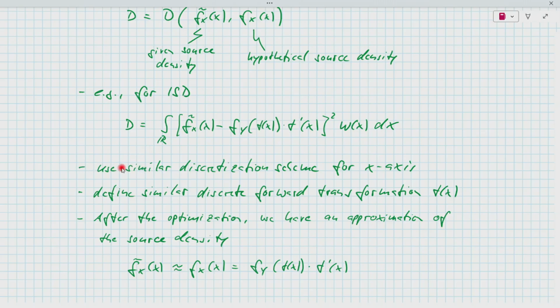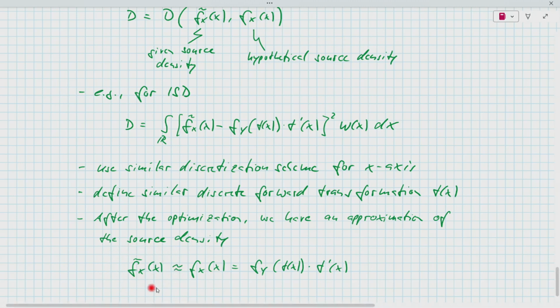Then we use a similar discretization scheme for the x-axis, define a similar discrete forward transformation, T(x), also by integrating over the increments. And then after the optimization, we have an approximation of the source density now, so of f_X tilde, this is what we provide.